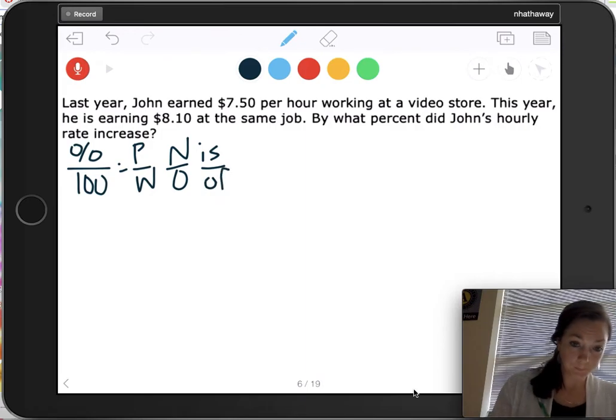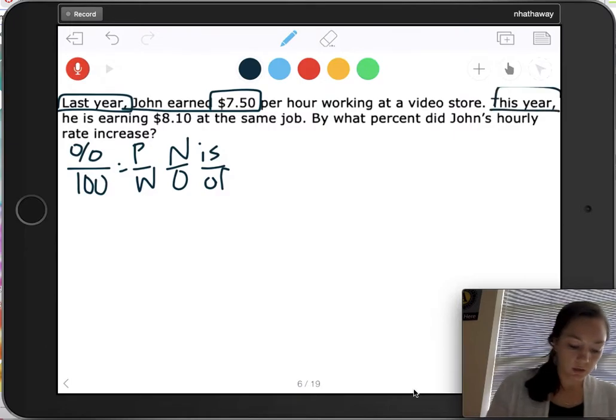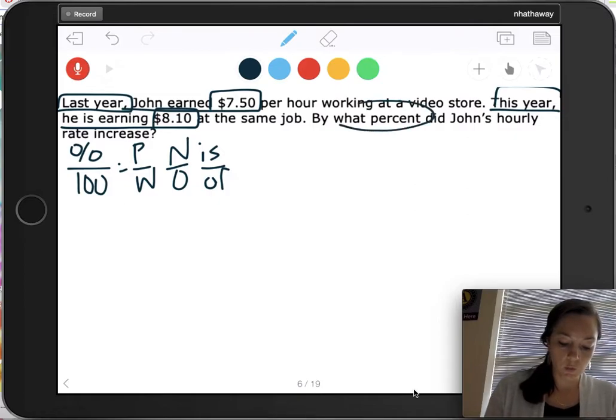All right, now let's look at the things in the problem. So last year, John earned $7.50 per hour. Okay, this year, he is earning $8.10. And we want to know what percent did it increase.